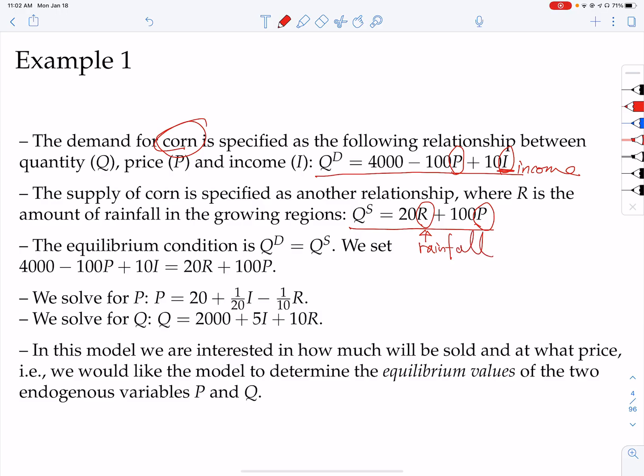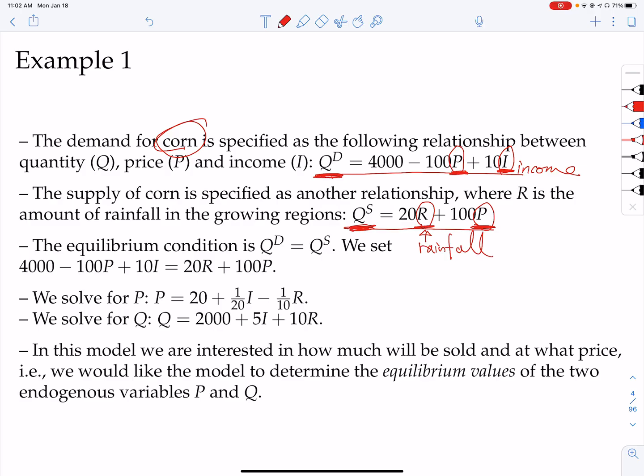So if the income is higher, then you probably want to consume more corn. And if the price goes up, then you probably want to decrease your demand, right? And similarly for the supply, if the price of corn goes up, then you want to supply more. And if the rainfall goes up, then the production of corn goes up so that you can produce more corn given the same price, right?